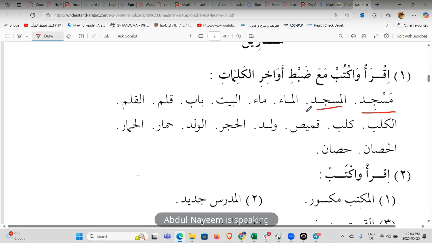Try to read it with the ending. Masjidun, and then the next one. Al masjidu. Very good. So this one has tanween because it doesn't have alif and lam. This one does not have tanween. Okay. Now the next one.